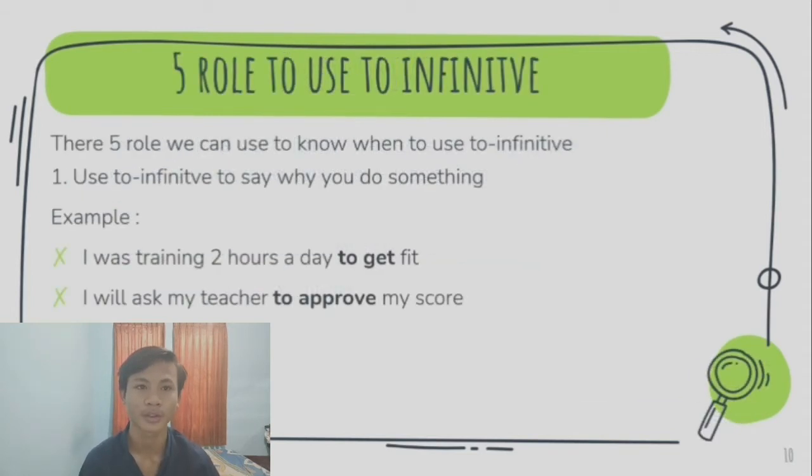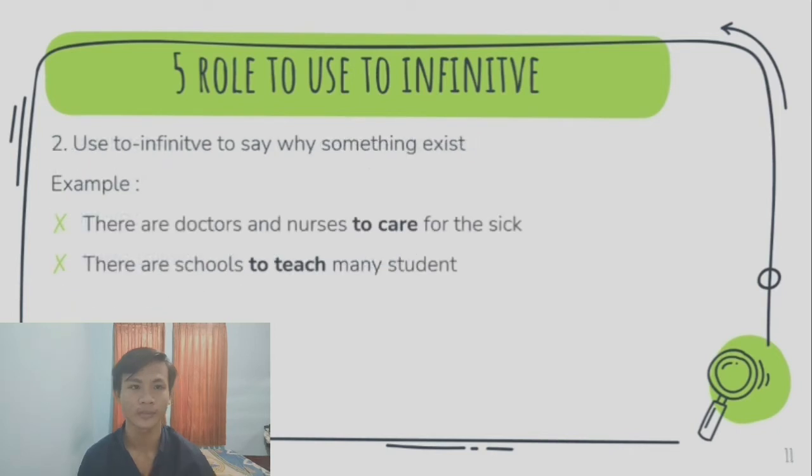Okay, there are 5 rules we can use to know when to use the infinitive. First, use to infinitive to say why you do something. For the example, I was training 2 hours a day to get fit, and I will ask my teacher to approve my score.